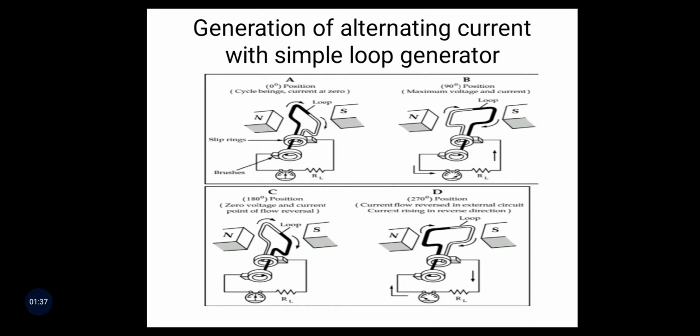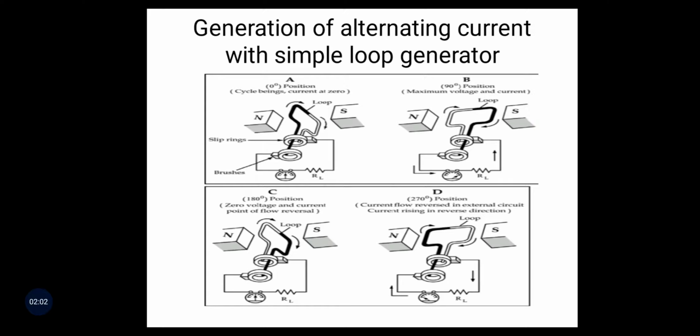The single loop is rotated. When the rotated copper wire cuts the magnetic flux, then an EMF or voltage is generated.